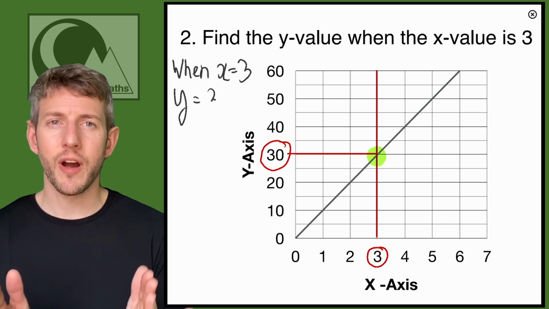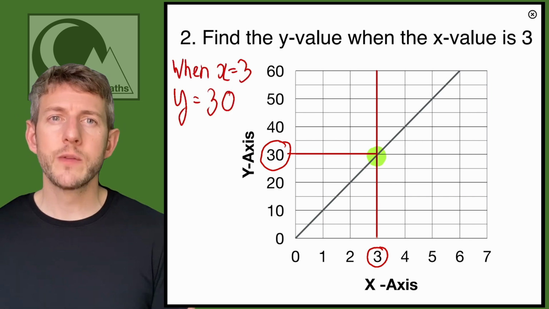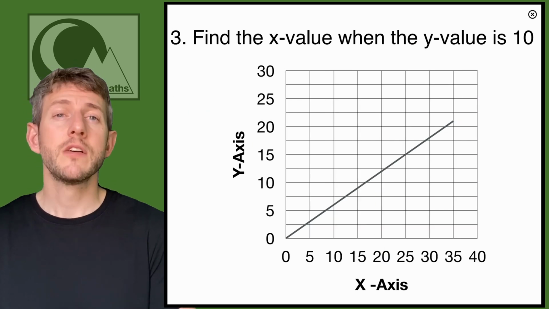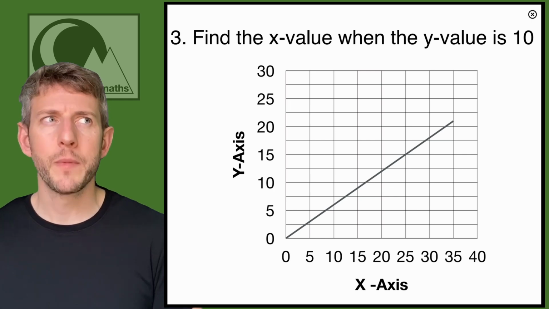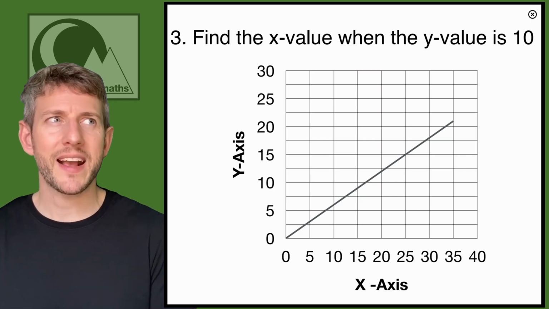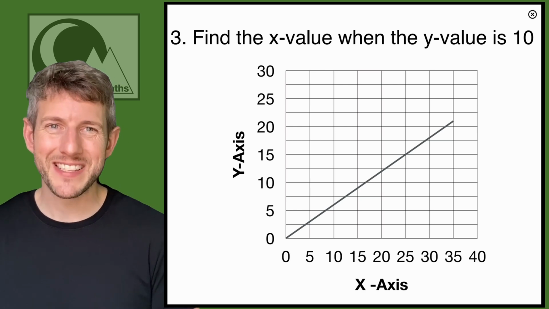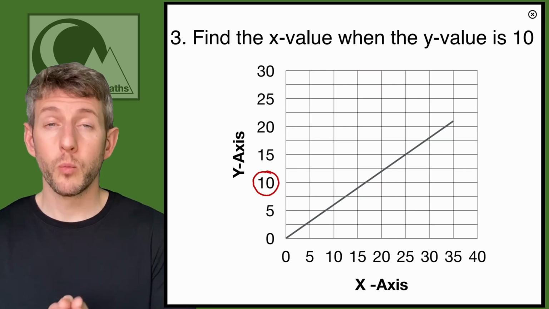Let's try one more question, and then we'll look at this in a scenario to see how it is linked to conversions. So question 3, here we have it. Use the graph to find x when y is 10. Remember, same as last time. We need to identify where y is 10. Okay, y is 10 here.